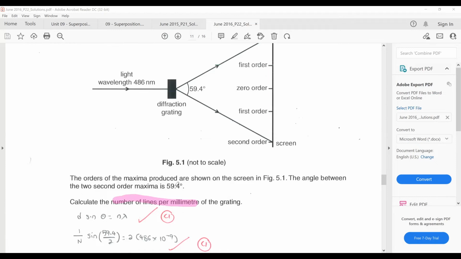So right now, when you look at this one, this angle here, you already know that it's for second order. But be careful about the angle that they just stated for this one.